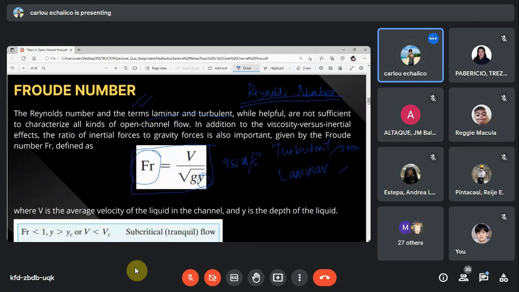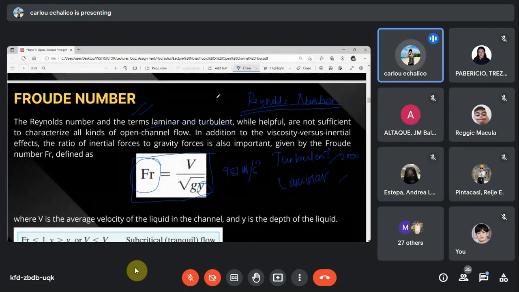Y is the depth of the fluid. So, for example, in this channel, when the velocity is given and you know the depth of the channel, we can determine the Froude number.